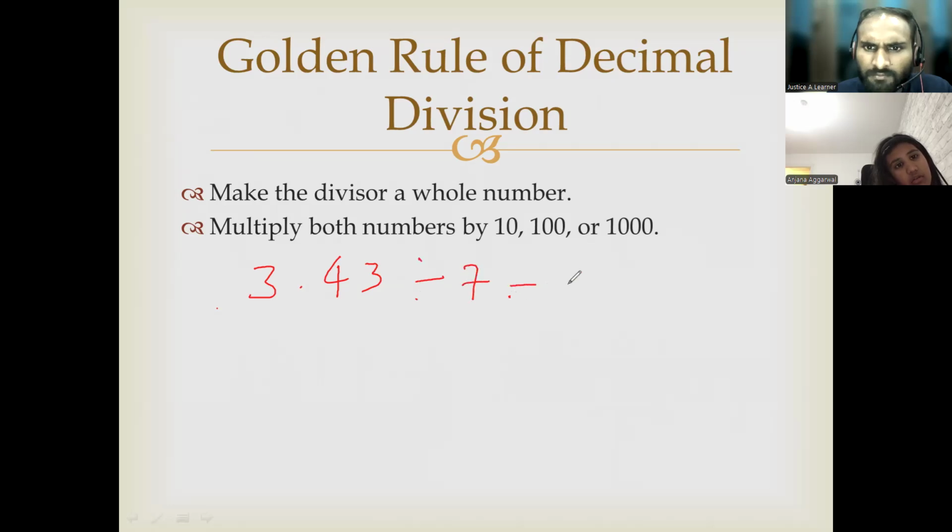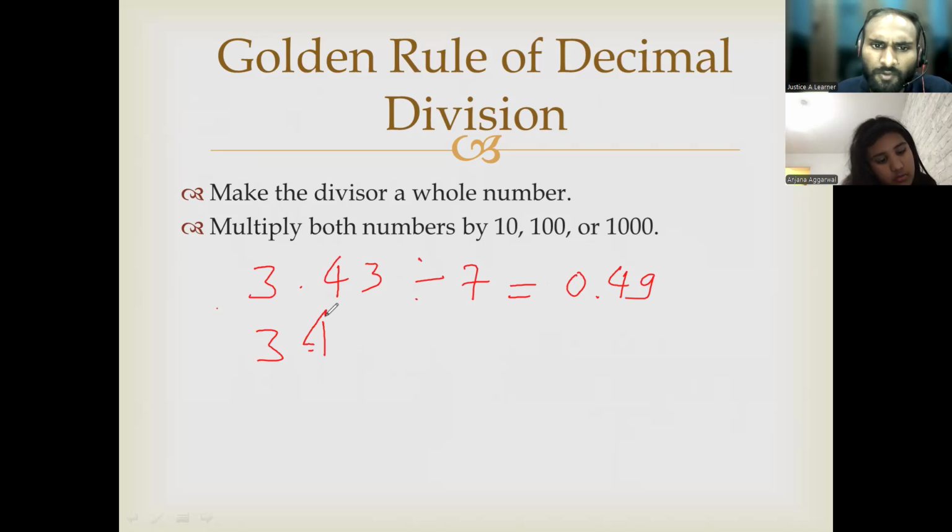What is the answer? 0.49. Yeah, that's correct. Okay, now do this question: 34.3 divided by 7.